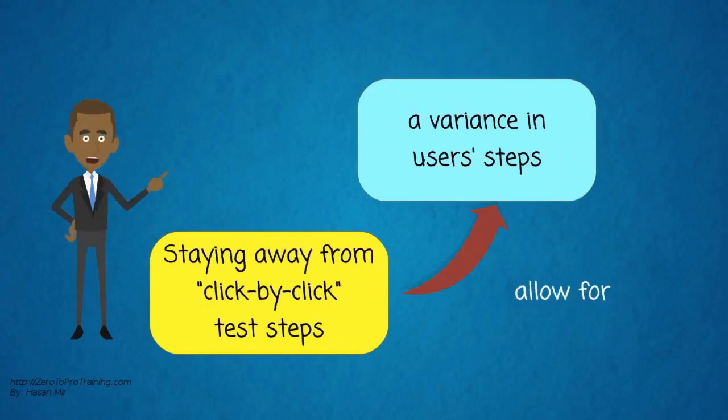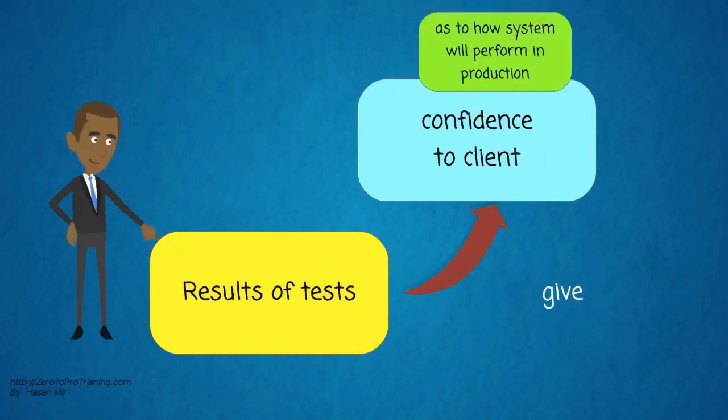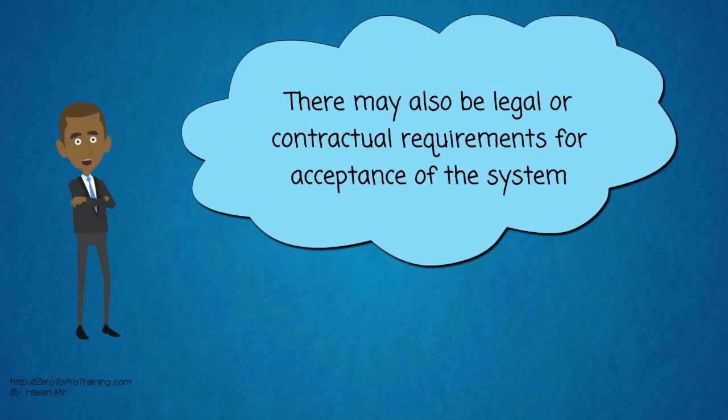Staying away from click-by-click test steps allows for a variance in users' steps through systems. The results of these tests give confidence to the client as to how the system will perform in production. There may also be legal or contractual requirements for acceptance of the system.